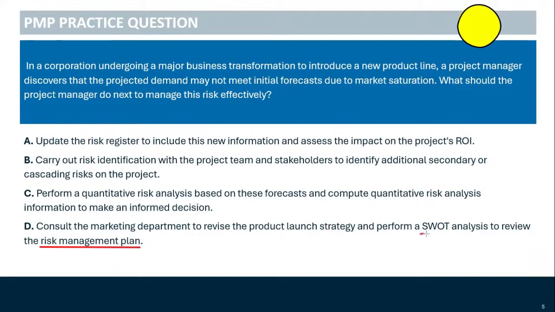And besides, a SWOT analysis is not necessarily used to address the risk management plan. It's used to identify risks in risk management. So D is not the best option. It contains incorrect information and it's presumptuous by consulting the marketing department immediately to revise the product launch strategy without any analyses.